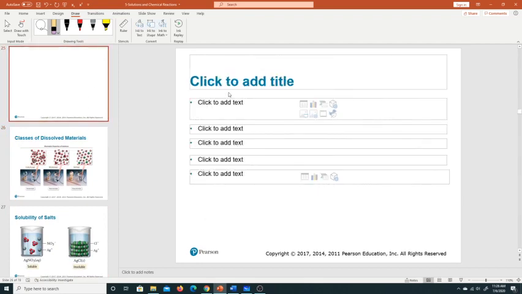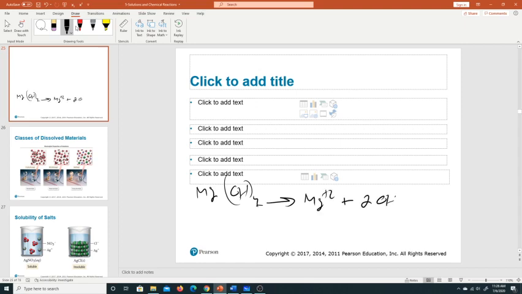How about something like magnesium hydroxide? You put that in solution, you can get Mg with a positive 2 charge, plus 2 OH minus. So as long as you pay attention to the subscripts, you can predict what you're going to form.